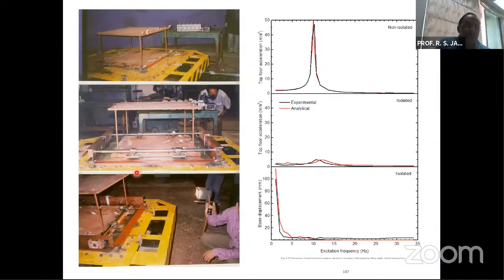And it was observed that a sliding system with a restoring force performs better than the pure sliding system. On the right hand side, under the harmonic excitation, there is a comparison between experimental and analytical results, and one can see that there is a good match between the two.